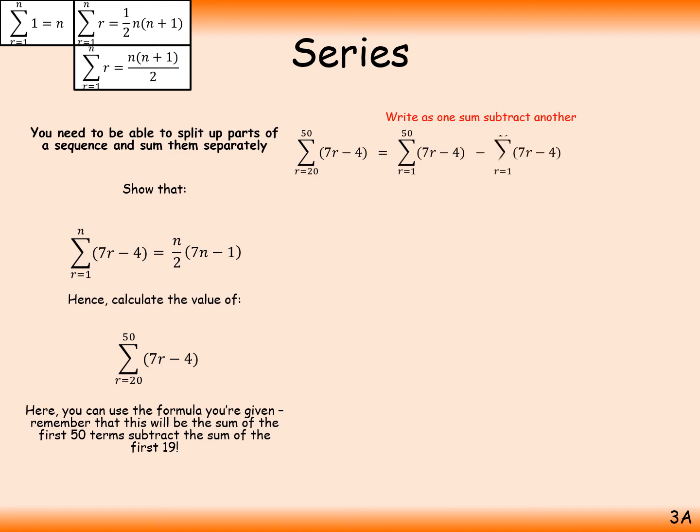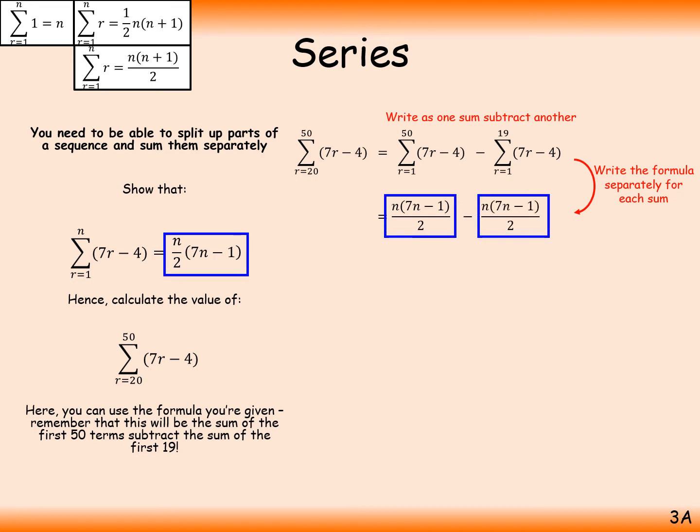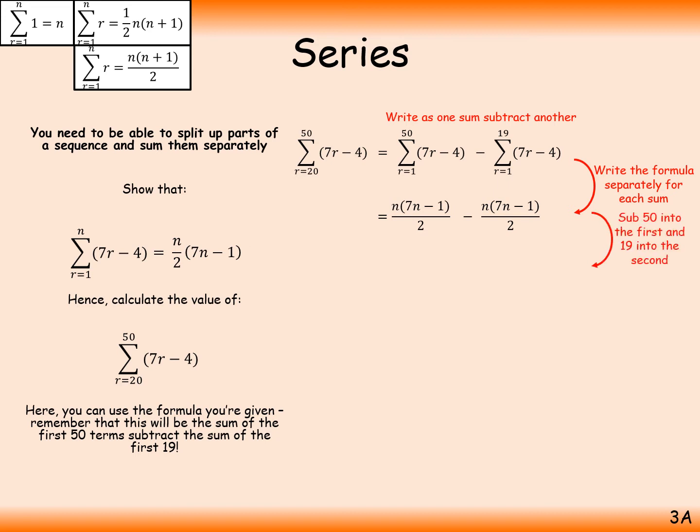So we could rewrite this in this form, just like what we did on the previous slide. So for the first one, n times 7n minus 1 over 2, because that's what it can be written as. And for the second one. So now, on this one, we're going all the way up to 50.